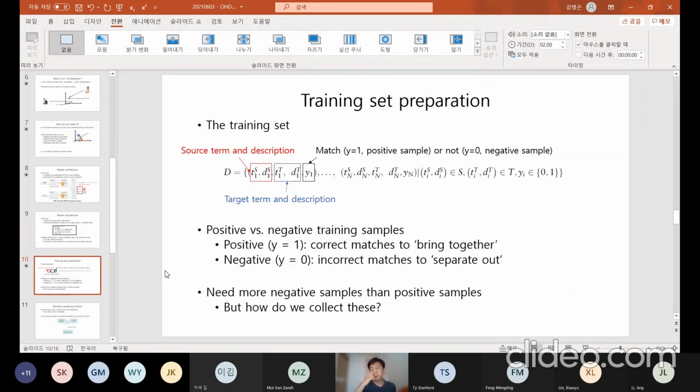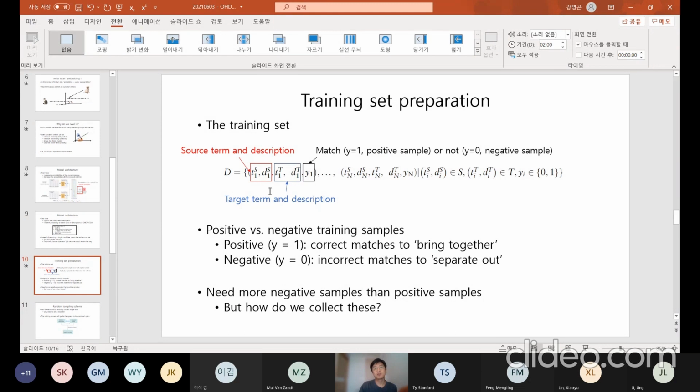So our training set is actually another important observation that we made during this research. And the performance of our system varies depending on the way we present and prepare the training set. So the training set is usually given like so.